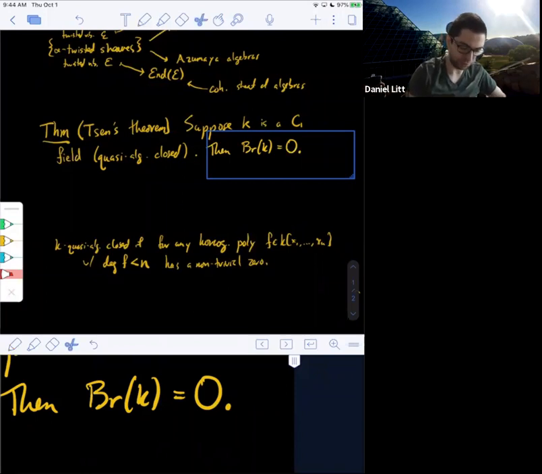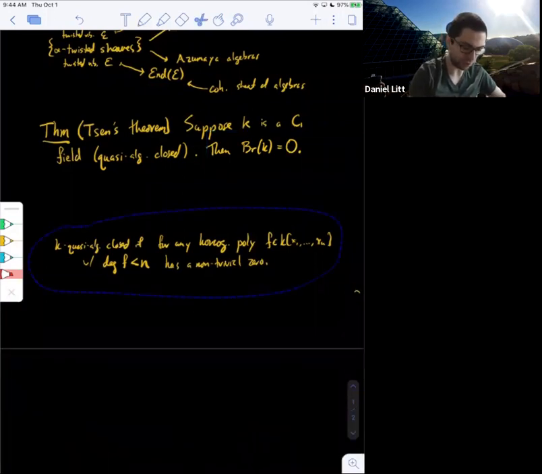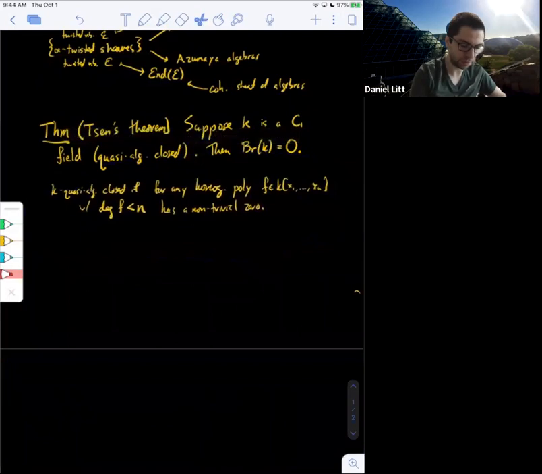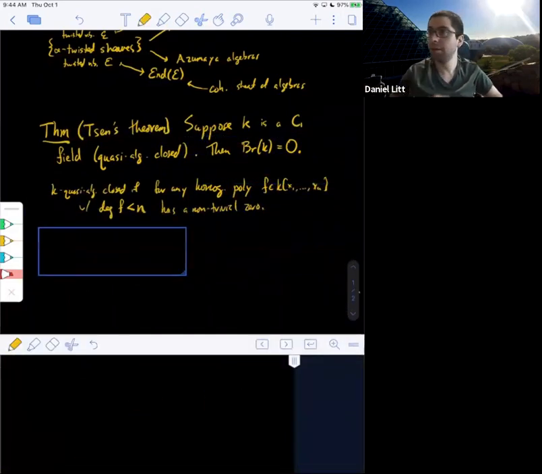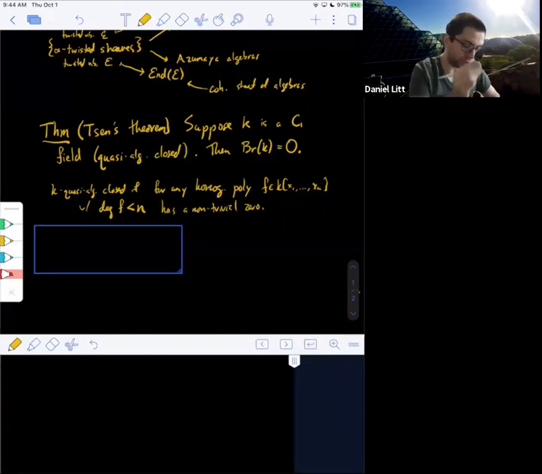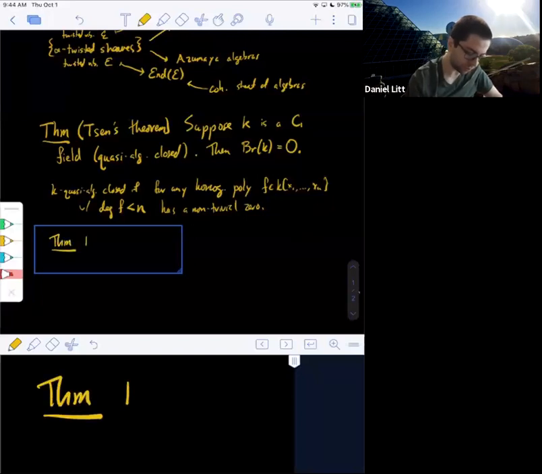So maybe let me move the definition of C1 or quasi-algebraically closed up here. All right, are there any questions about this? Okay, and then we're also going to prove the following theorem. Suppose K is one of the following two things.